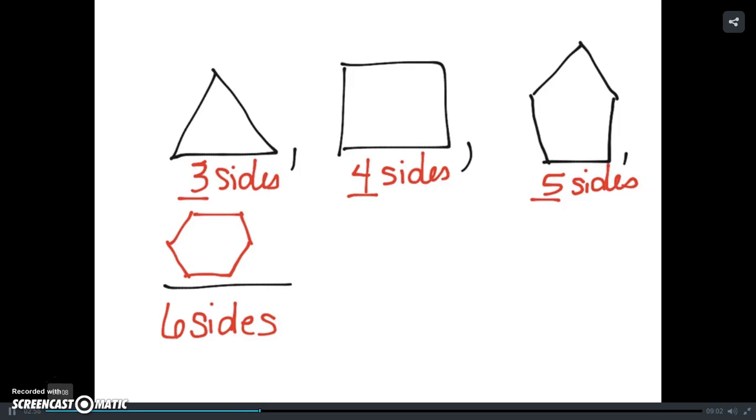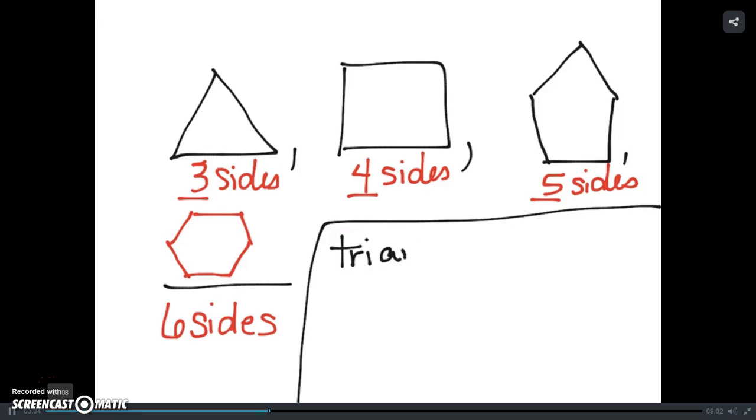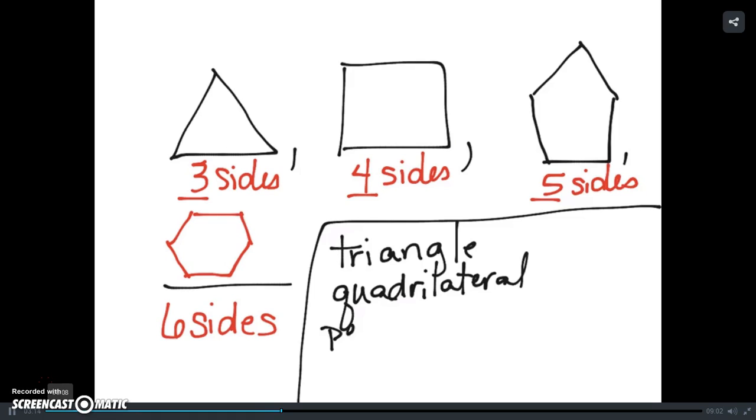They might also give you this in word format. So instead of giving you pictures here, they might have listed out the shapes by their name. So they might have said, okay, I have a triangle, then I have a quadrilateral, then I have a pentagon. And they may ask you for 1 shape, or they might ask you for the next 2 shapes or more.